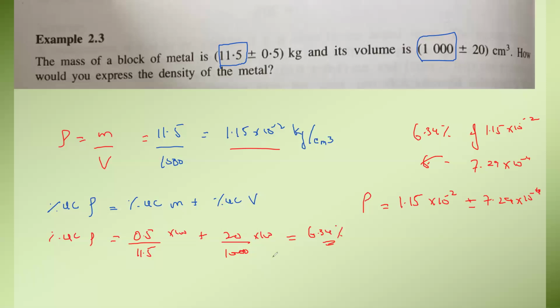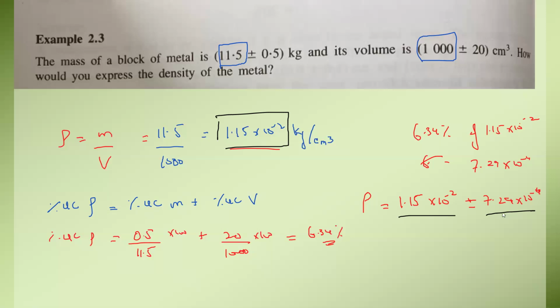My density is in exponent minus 2 and the uncertainty is exponent minus 4. That does not make sense when representing data. I should use the same exponent. The density is what is important, so we give priority to the density exponent, because representing a density in 3 significant figures is more important than the uncertainty.